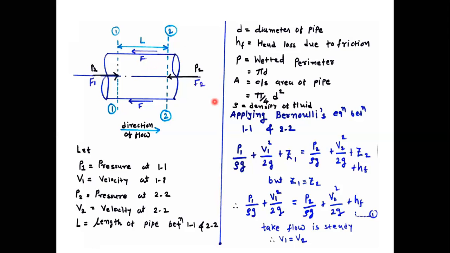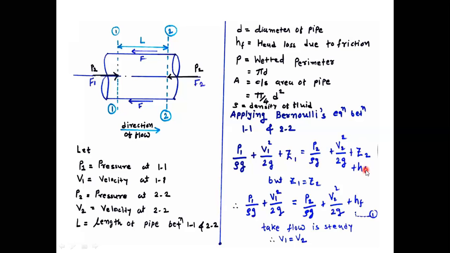So P2 by rho g plus V2 square by 2g plus Z2 plus head loss due to friction between fluid and pipe, that is Hf. P2 by rho g is pressure head, V2 square by 2g is kinetic head, Z2 is potential head, and Hf is head loss.